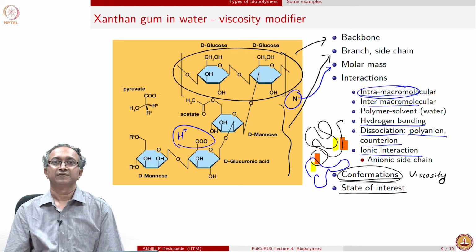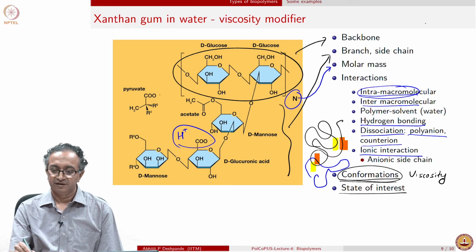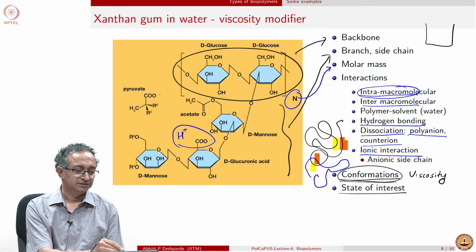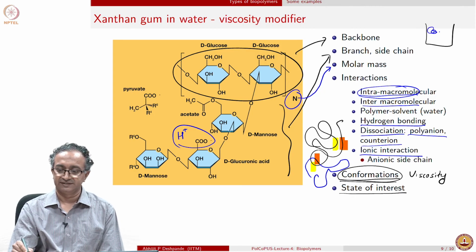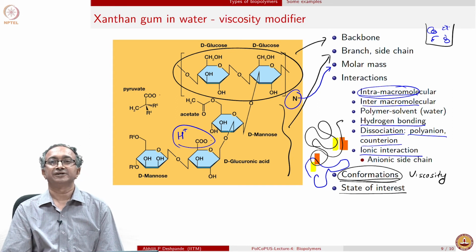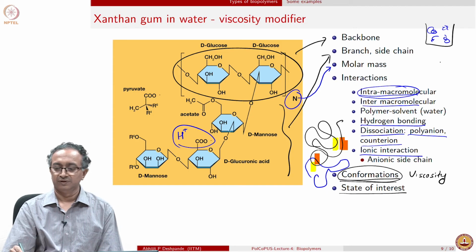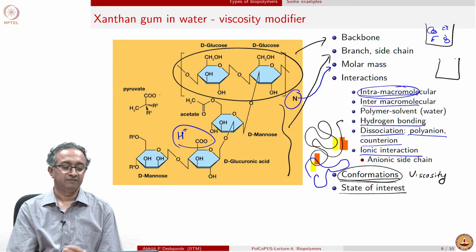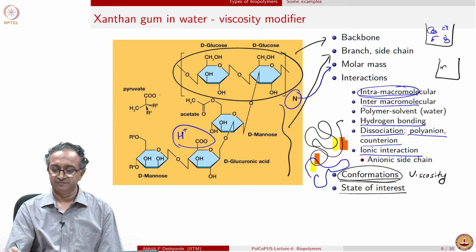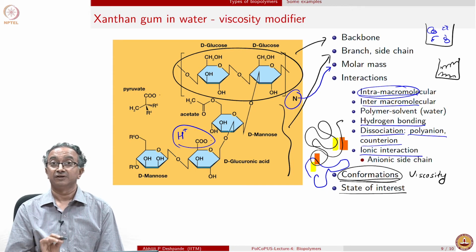Just to think of this further, you could think of a beaker in which you have coil like objects, and how easy or difficult it will be to stir this, as opposed to another beaker in which you have extended chains of xanthan gum.